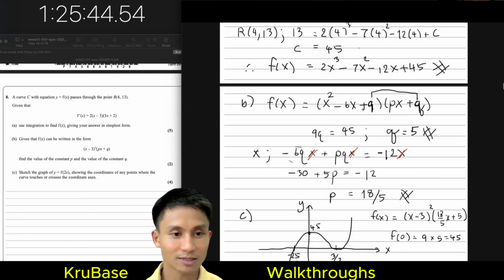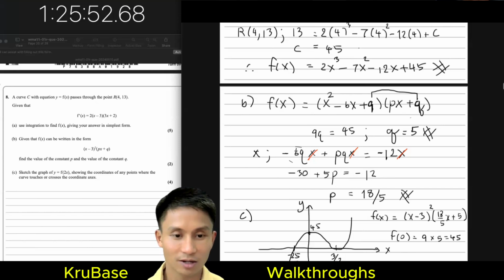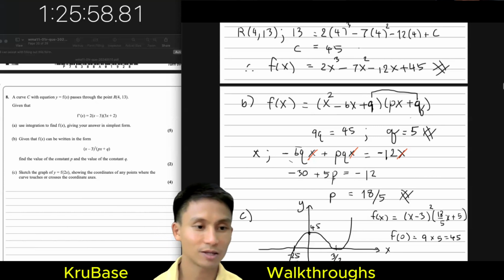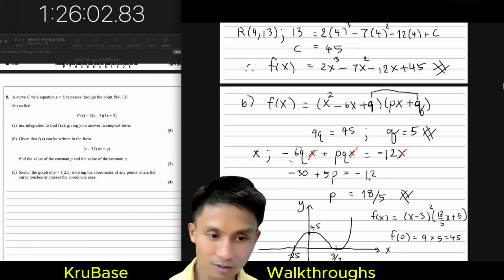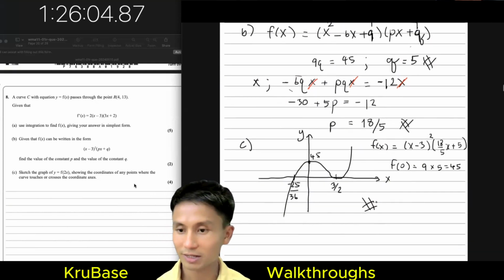So pqx and the minus 6qx here equals the minus 12x up there. X cancels out, and then we get q with the 6 being minus 30 here. Q is 5, so 5p here. So 18/5 should be right.